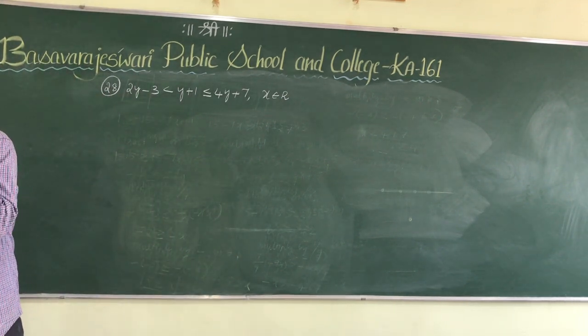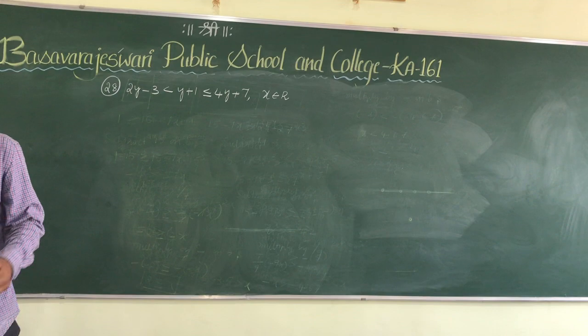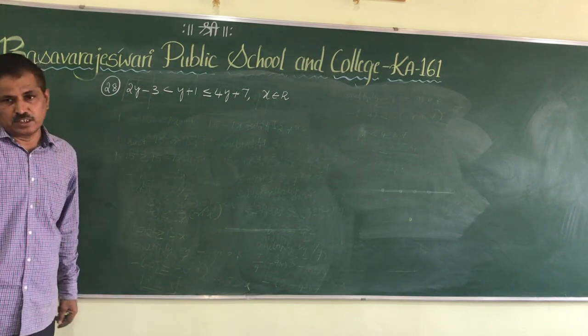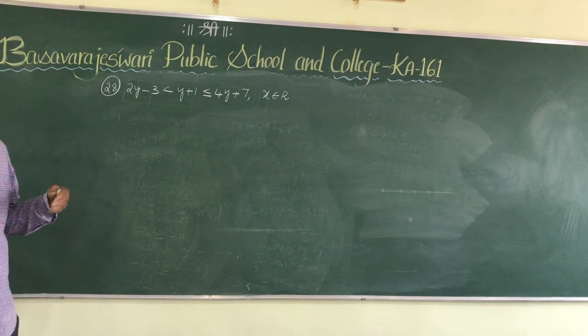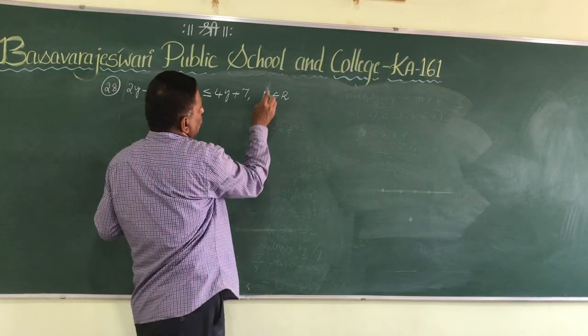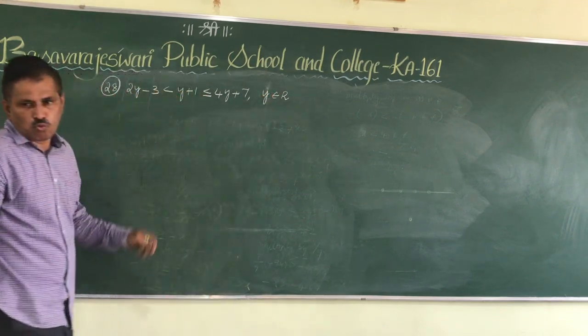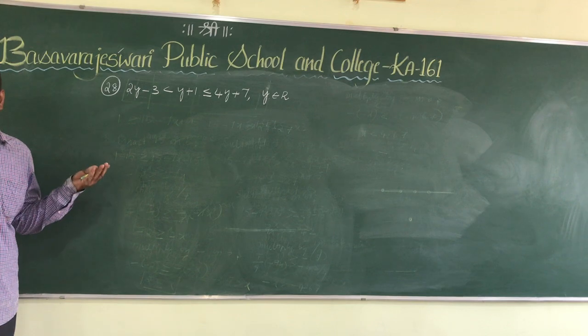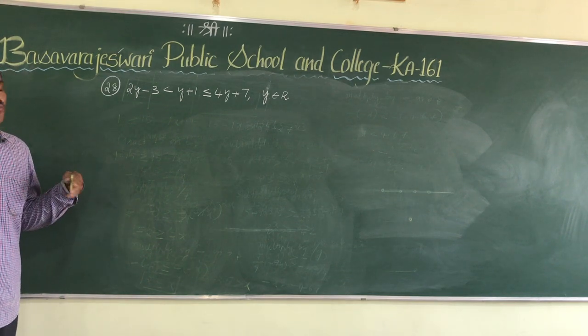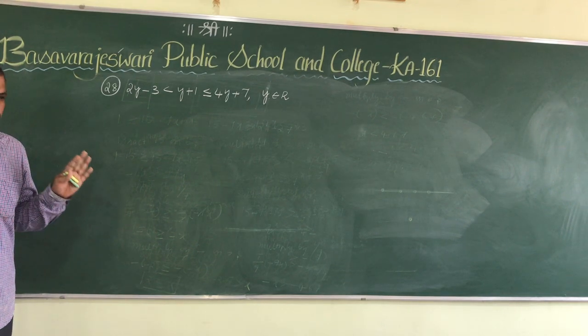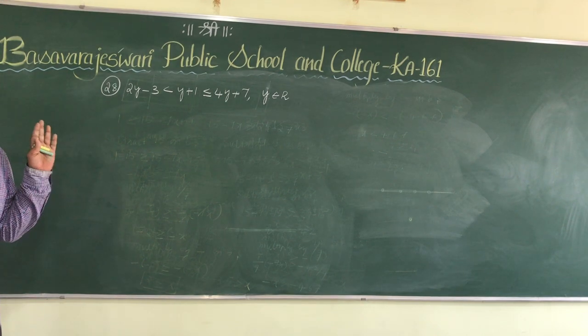Remember, here the variable y is taken. In earlier problems the variable was x, now the variable is y. A variable can be x, y, or z. Most of the time they will consider x only, but even if you take y and z, there is no problem.